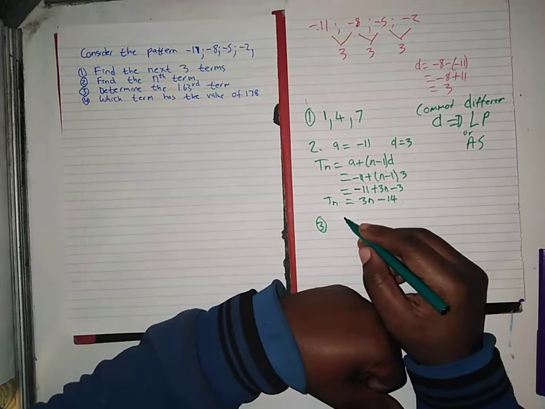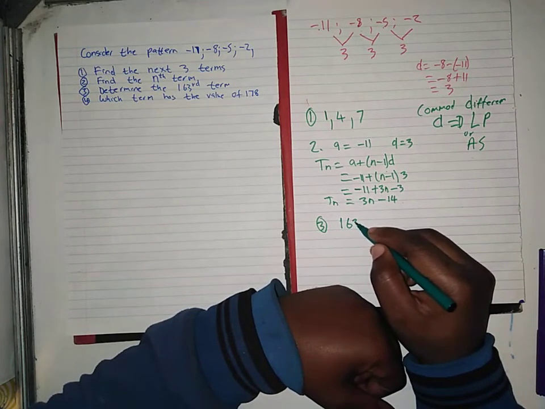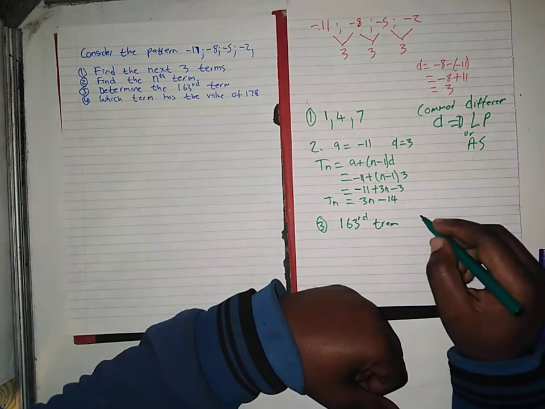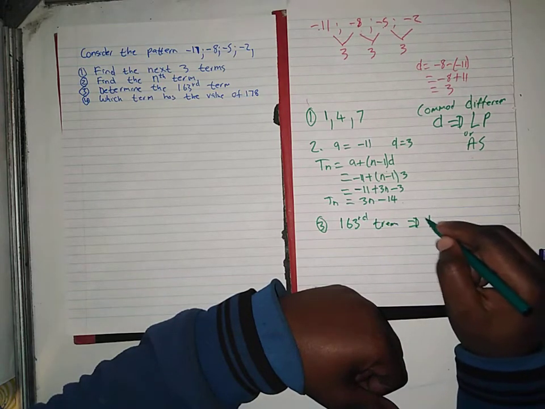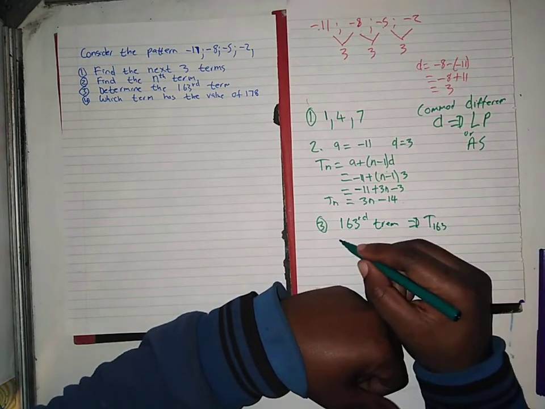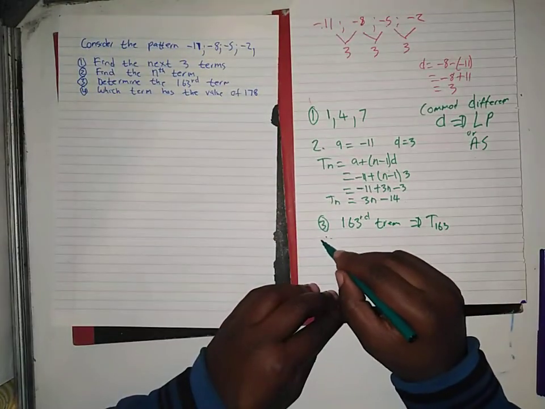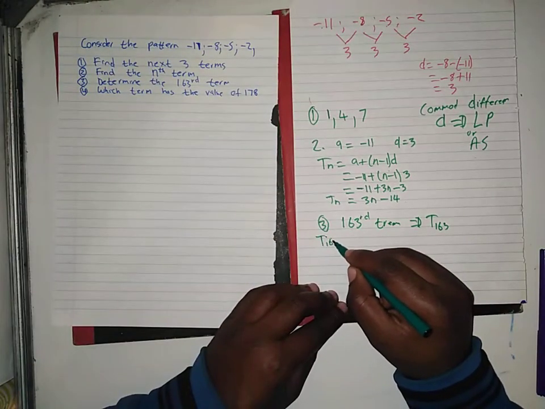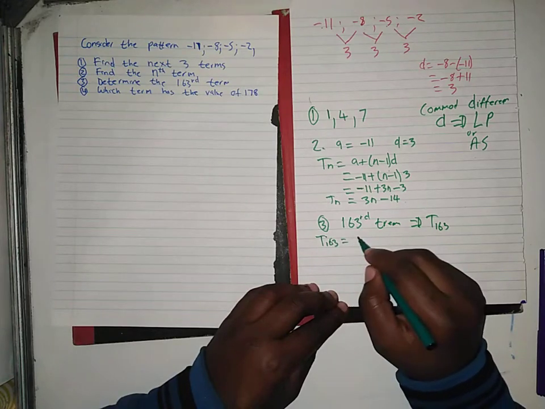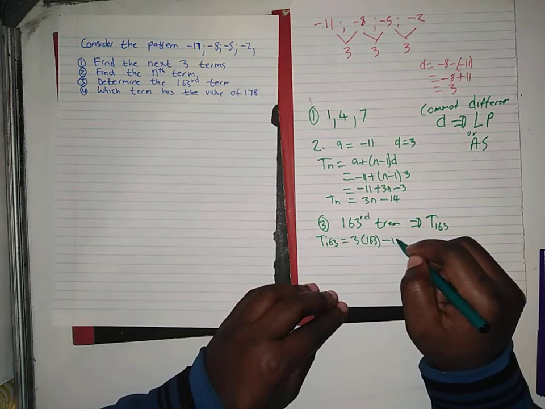So now they want the 163rd term. That means they're looking for T163. So how do I find T163? No problem. T163 is equal to 3 times 163 minus 14.